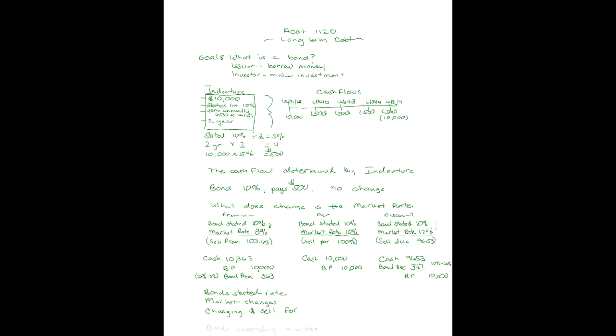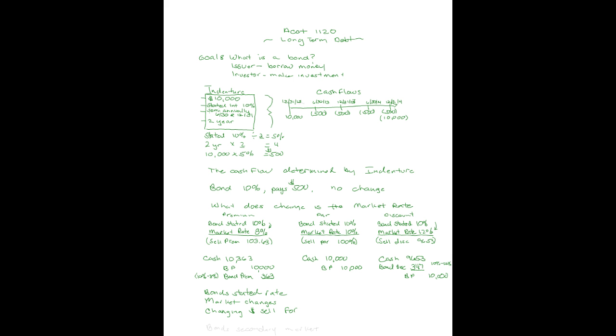In the case of our premium, we had to sell it for more so we could change the rate of interest from 10% to 8%. In the case of our discount, our bond only pays 10, and we have to drive the interest rate up to 12% so we sell it for a little less. And we put in the premium account or the discount account the exact amount that we need to change it by to get the investor's rate of return where the market is demanding.